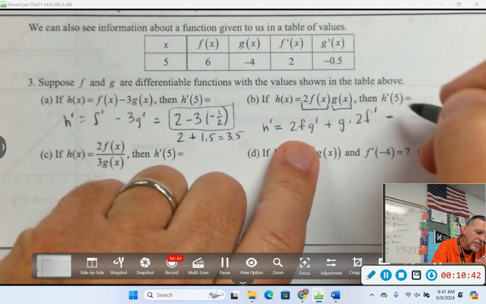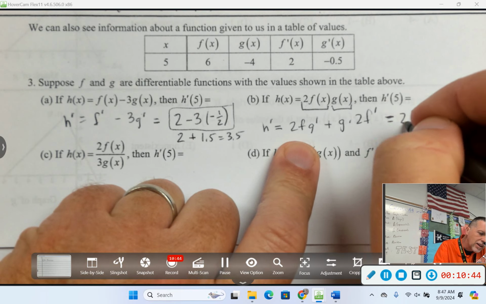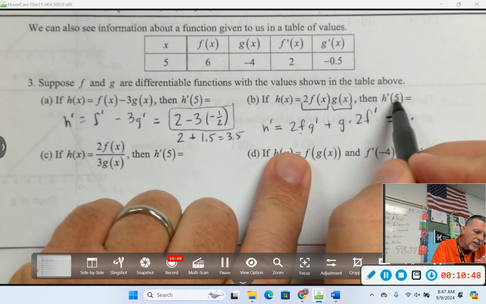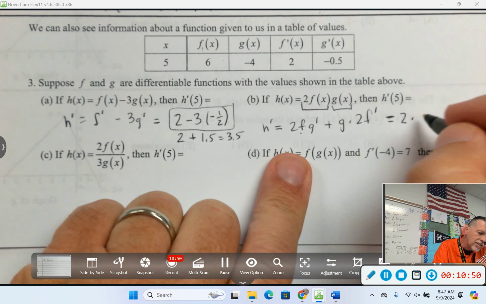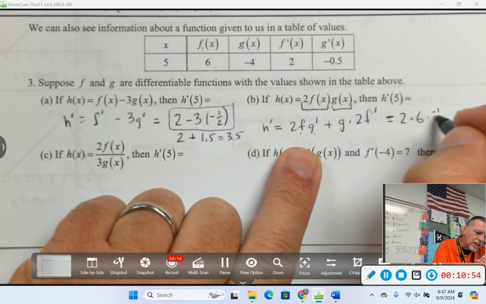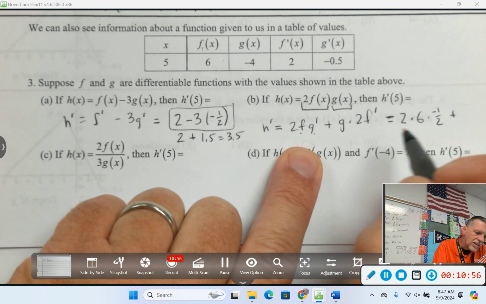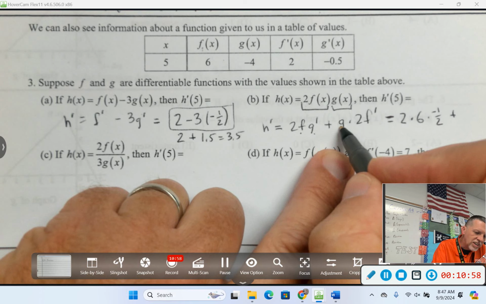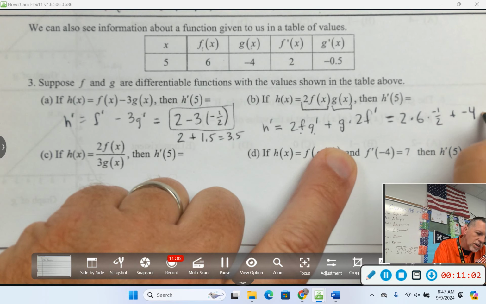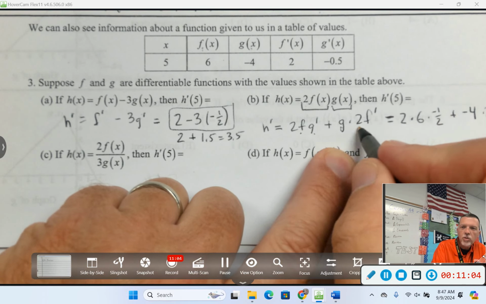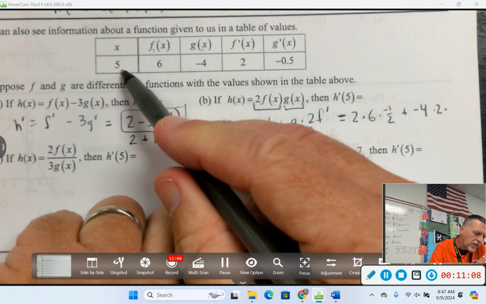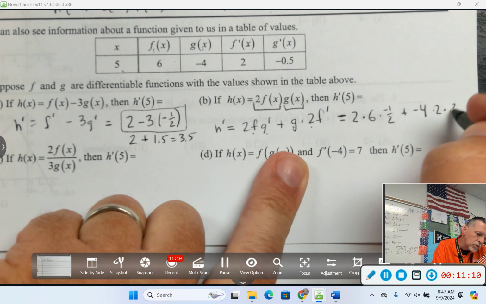Alright, everything's at 5, so this shouldn't be too bad, as long as I'm careful. F of 5 is 6. G prime of 5 is negative 1/2. G of 5 is negative 4 times 2 times F prime of 5 is 2.